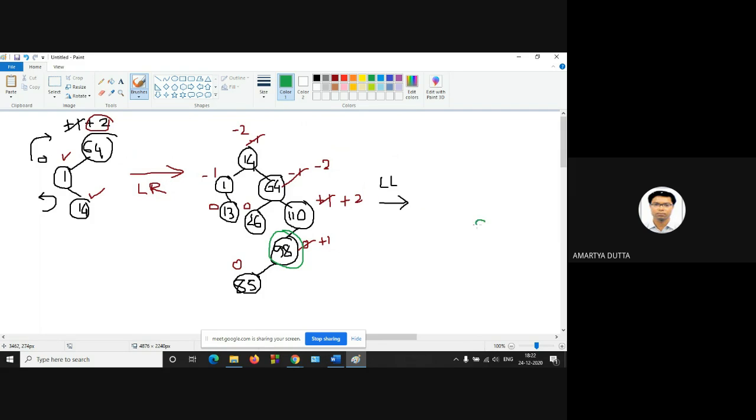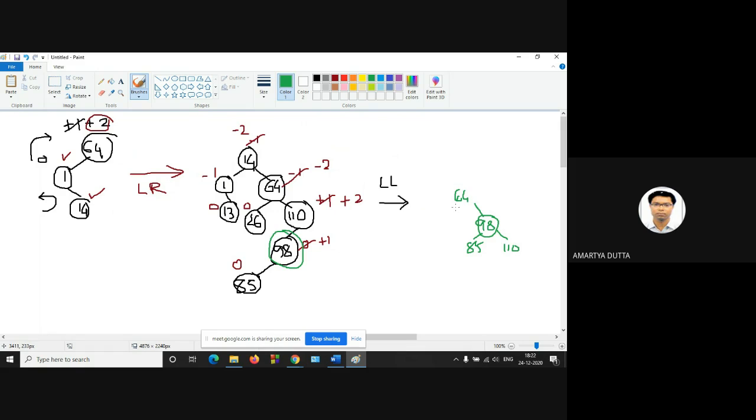So 98 is the root. 98 is the intermediate root, and 85 is the left, and 110 is the right. Okay, is it clear?